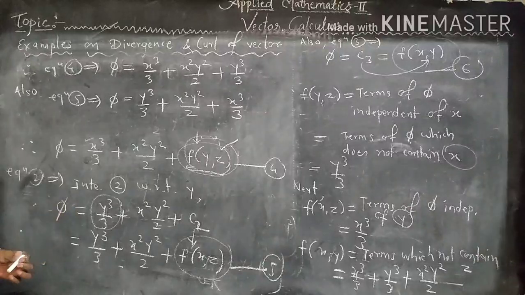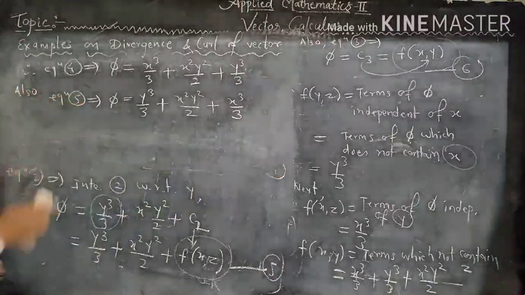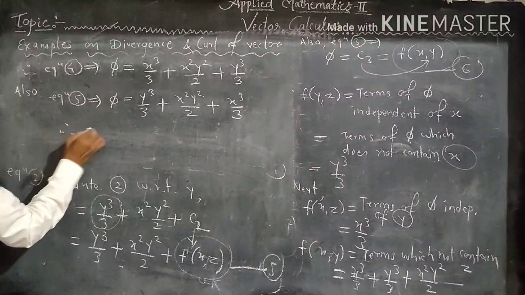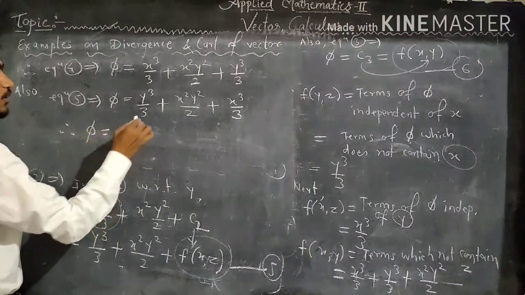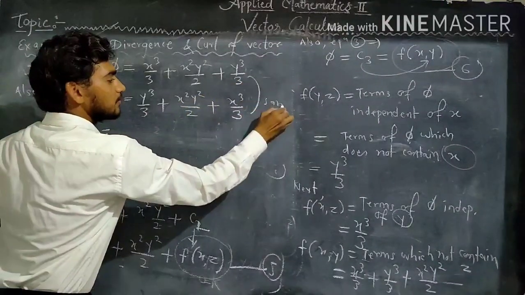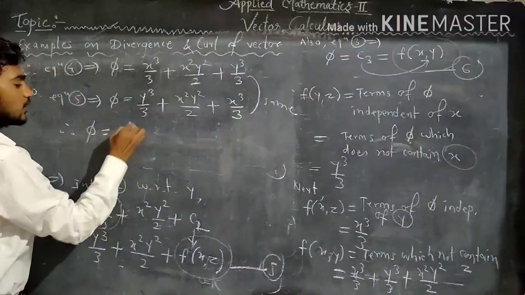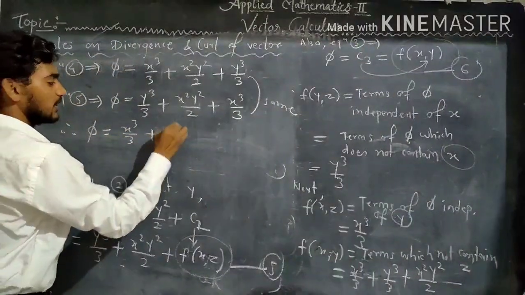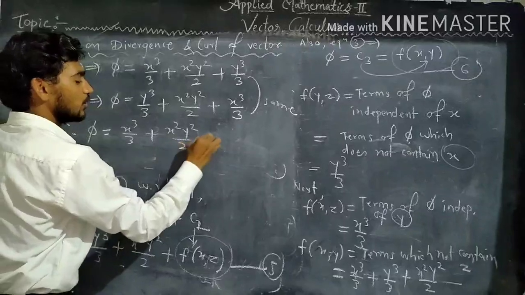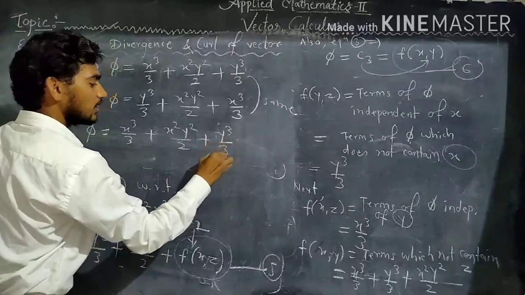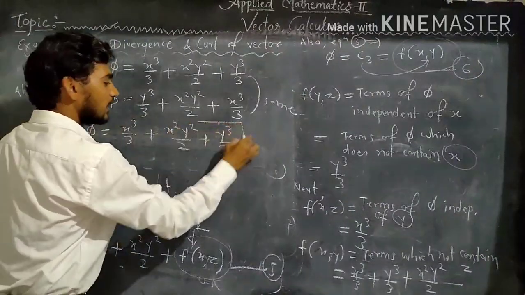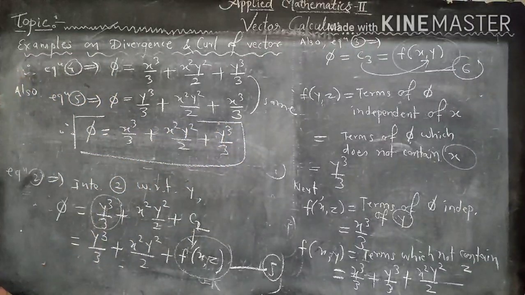Therefore finally we get phi equal to x cube by 3 plus x square y square by 2 plus y cube by 3, which is the required scalar potential.